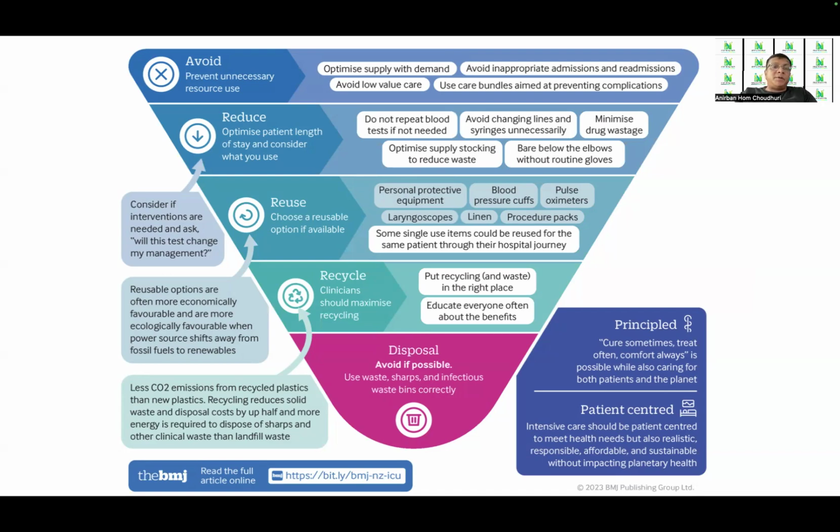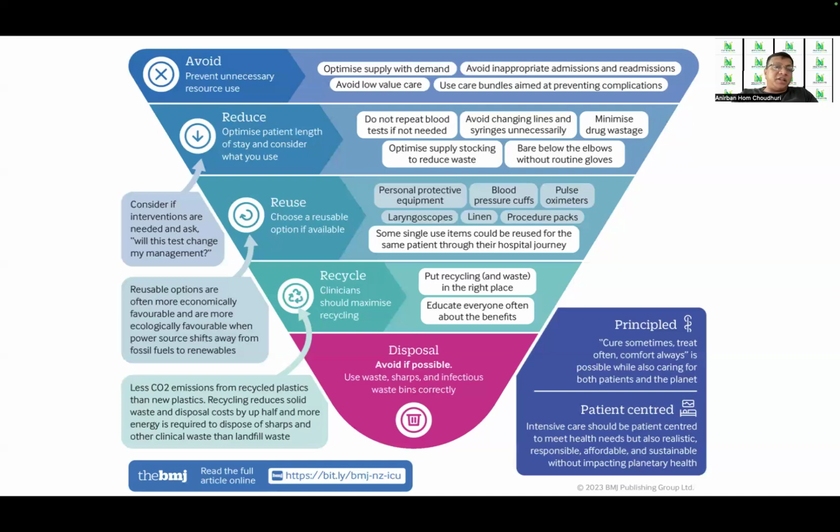To optimize the patient length of stay, we should not repeat blood tests if not needed. We should avoid changing lines and syringes unnecessarily, minimize drug wastage, because whatever we waste, we are actually throwing into the environment, optimize the supply stocking to reduce waste, and be bare below the elbows without routine gloves. So these are some of the ways which we can reduce the use of resources.